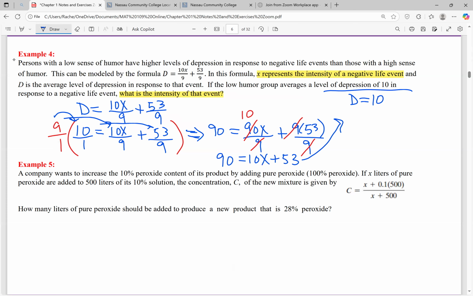So if we have 90 = 10x + 53, we want to solve for x, right? So I'm going to subtract 53 from both sides. 90 minus 53 is going to be 37, right?